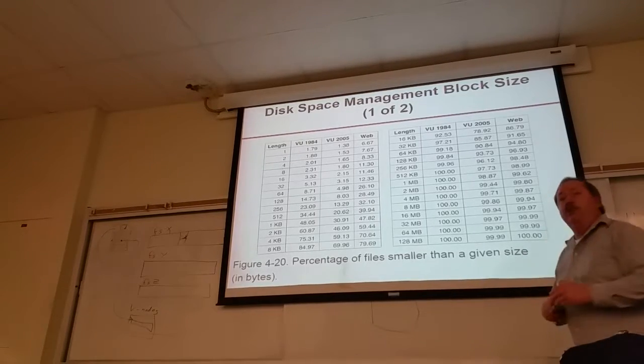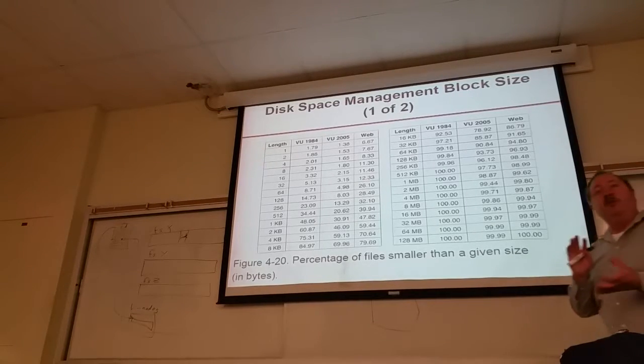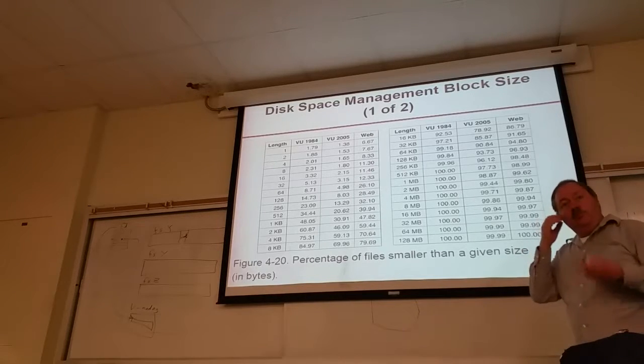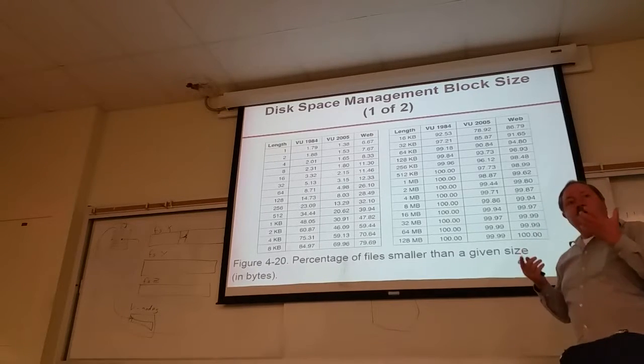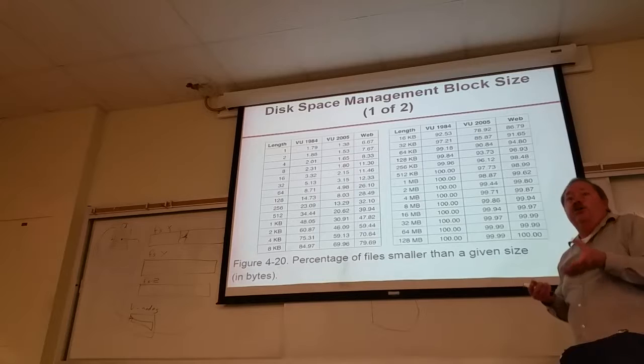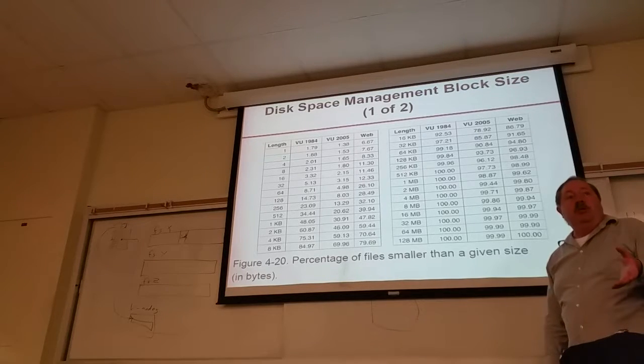All of that affects performance, both in speed and in efficiency of use of the file system. Because as you saw earlier, if I have data nodes that are only partially filled, I am wasting memory because I can't let another file share that data node. So the emptier they are on average, the more space I'm wasting.